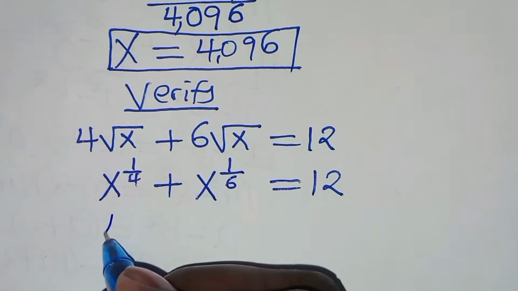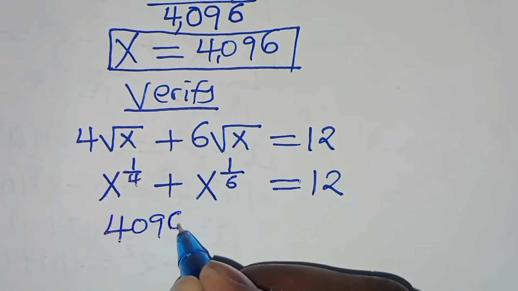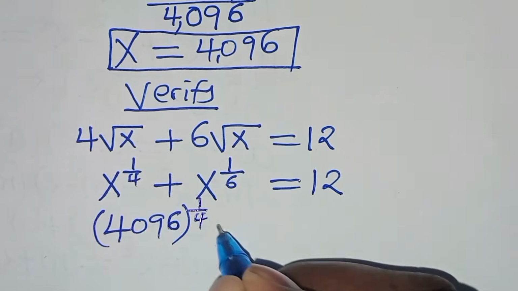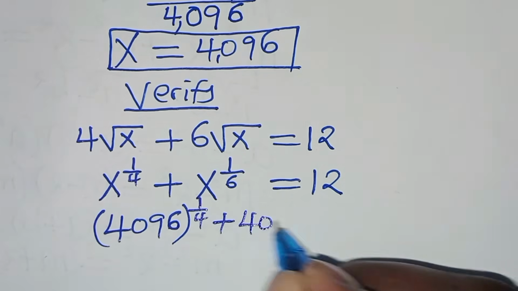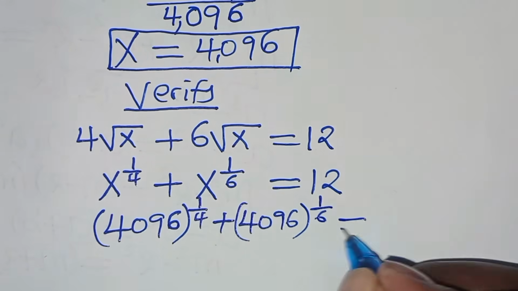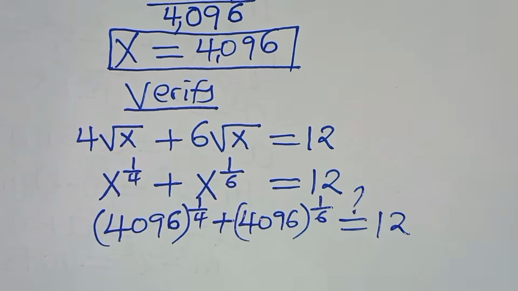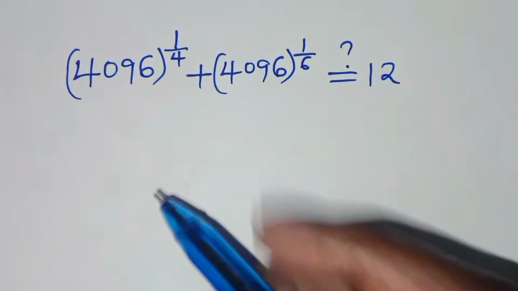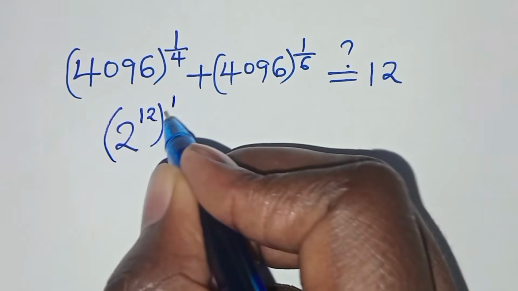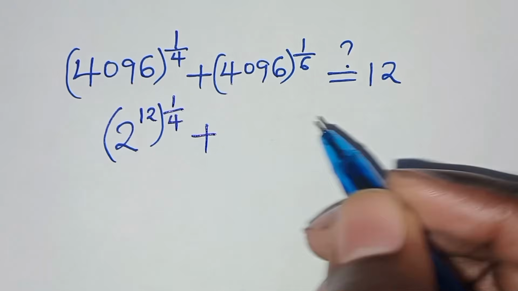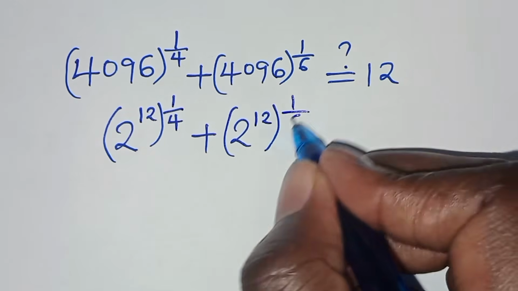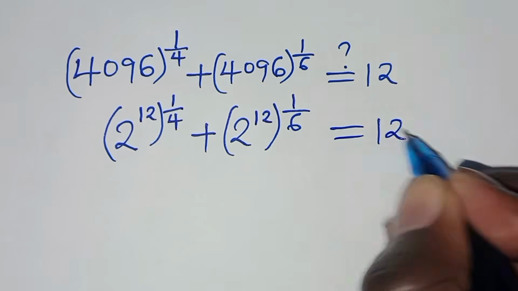So this implies we have 4096 raised to the power of 1 over 4, plus 4096 raised to the power of 1 over 6. This should give us a value of 12. Now, 4096 is the same thing as 2 to the power of 12 multiplied by 1 over 4, plus 2 to the power of 12 multiplied by 1 over 6.